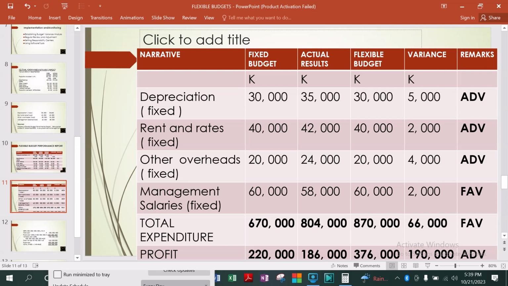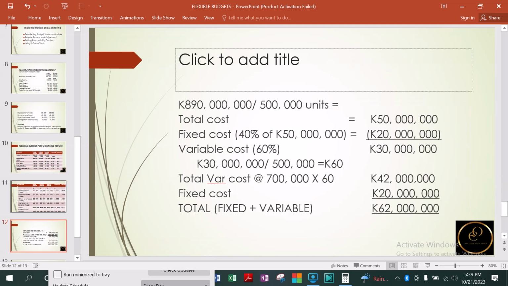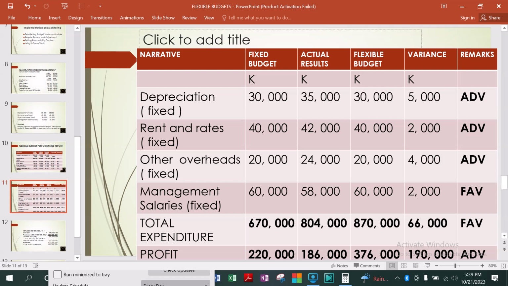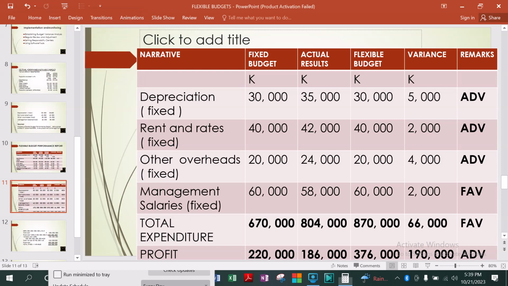of profit. So when you look at the variances, we have 256 million adverse. 256 million minus 66, you are going to get 190 million.